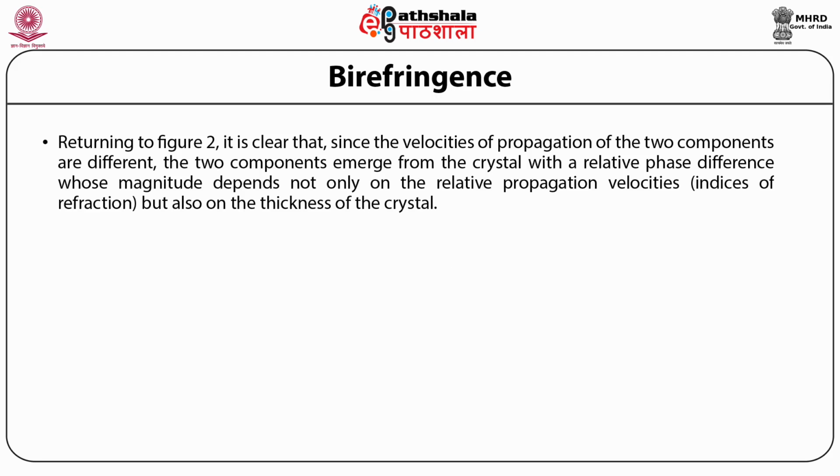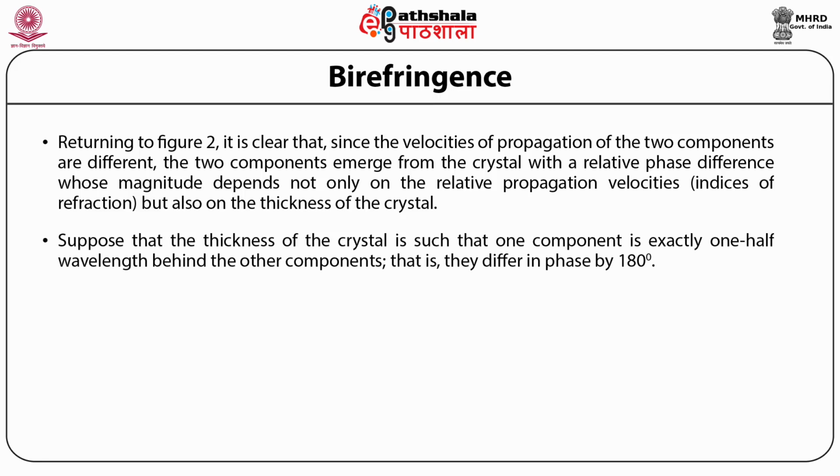Returning to figure 2, it is clear that since the velocities of propagation of the two components are different, the two components emerge from the crystal with a relative phase difference whose magnitude depends not only on the relative propagation velocities, that is indices of refraction, but also on the thickness of the crystal.